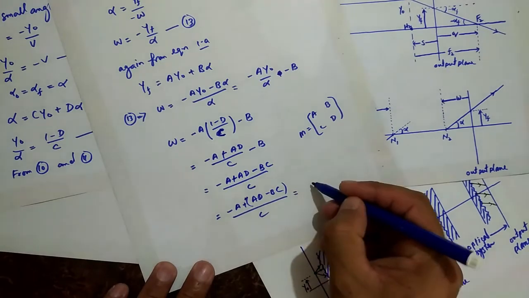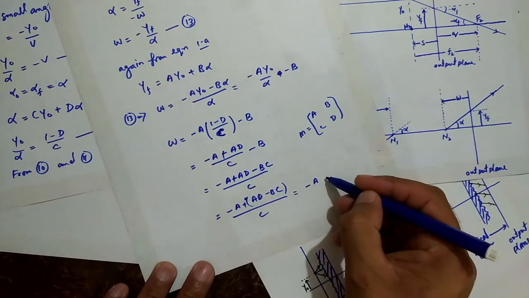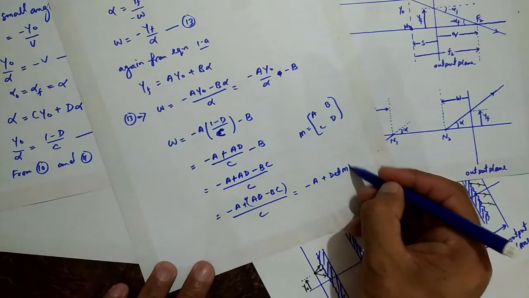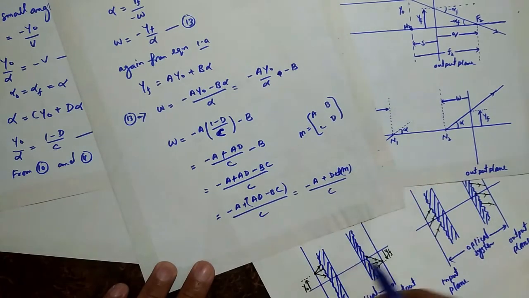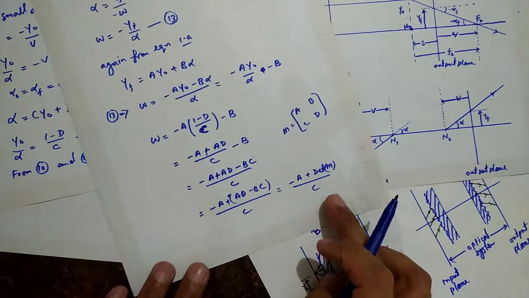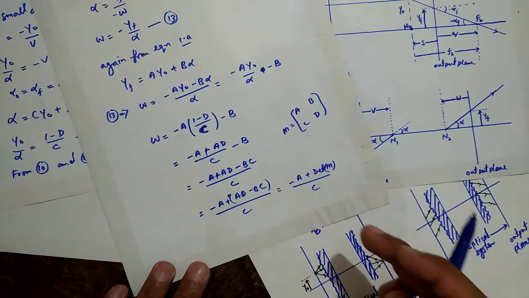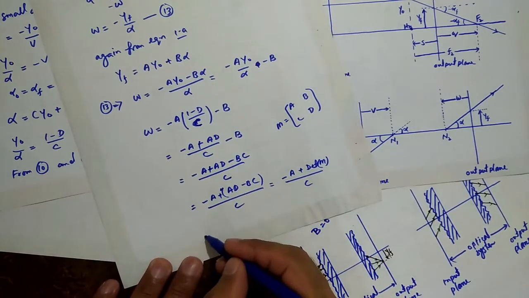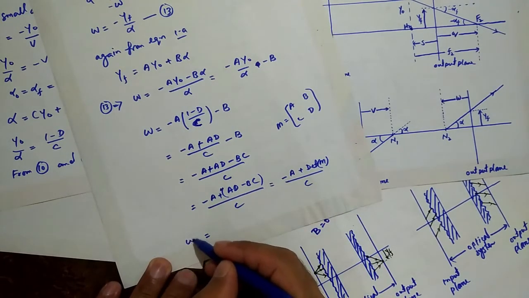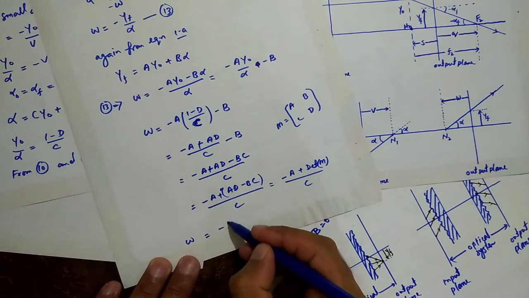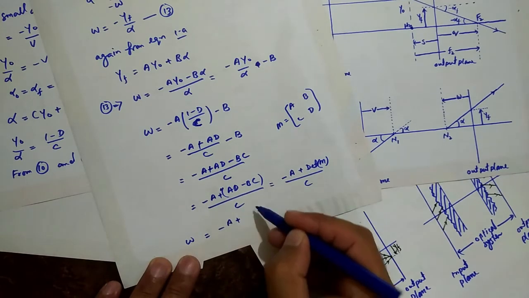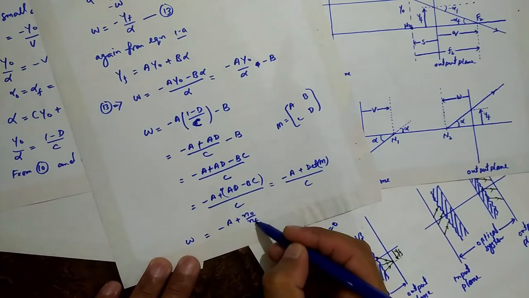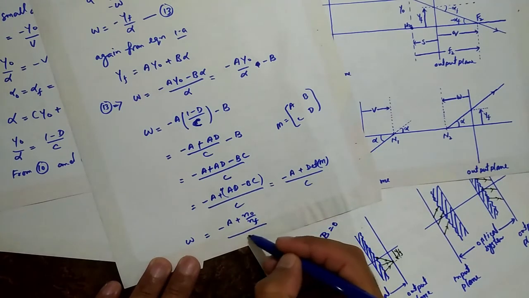So I can write it as minus A plus determinant of M divided by C. And we know that determinant of M is equal to the ratio of the initial and final media. So omega is now minus A plus N naught divided by NF, divided by C.